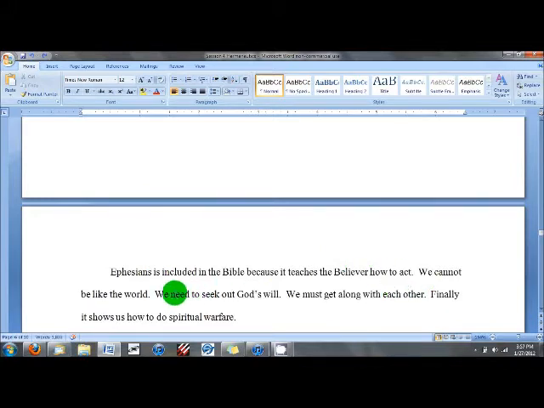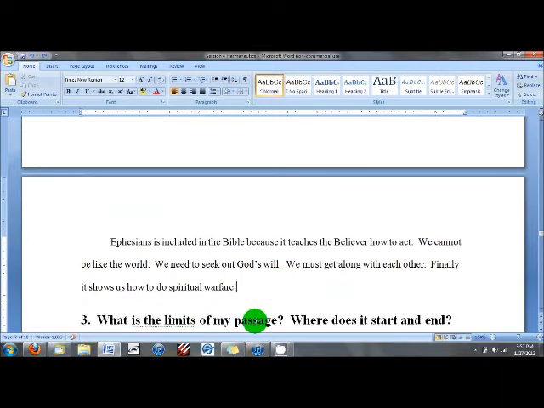We cannot behave like the world. When you seek out God's will, we must get along with each other, and finally it teaches us how to do spiritual warfare. So you have to find out what things are in the book that you're studying that make it important to the Bible. There's really no right or wrong answer, but you have to think it through and find a few reasons why you think it was included.